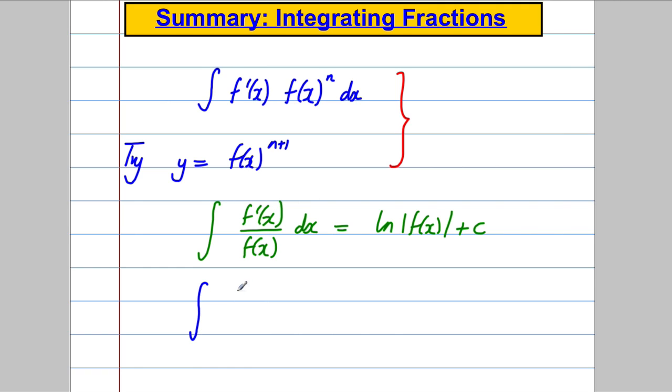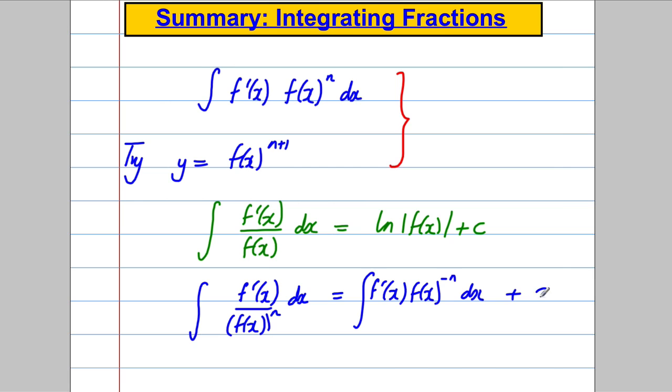It's f dashed x over f of x to the power of something, like over f of x to the power of n. Now that is of the form f dashed x, f of x to the power of negative n with respect to x plus c.